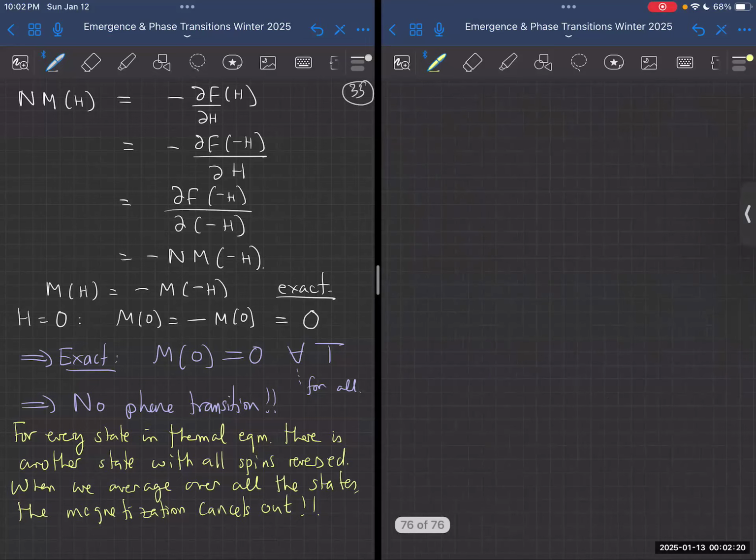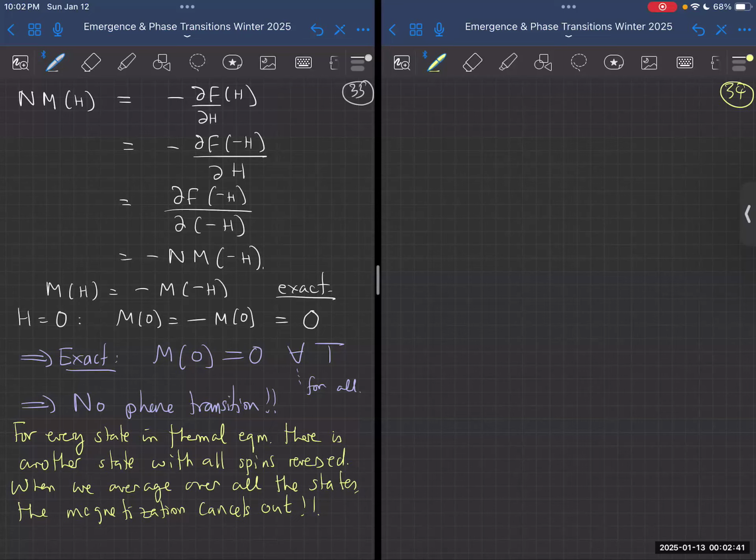Okay, so let's try to figure out what is going on. We already talked about how it looks like we need to take the thermodynamic limit in order to get a phase transition, because we are summing up a finite number of terms. So that's also true.